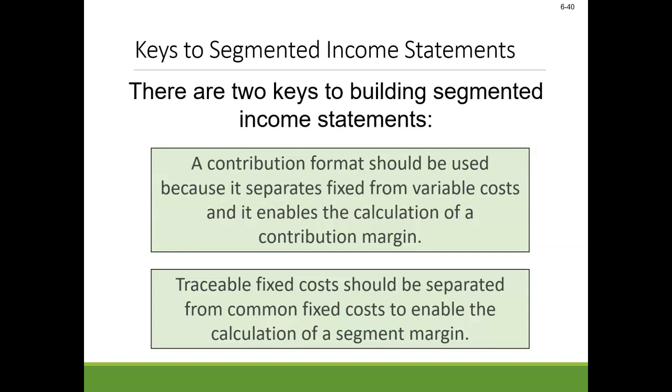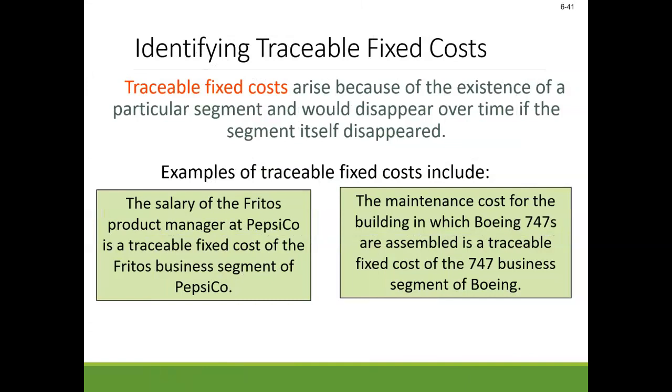Traceable fixed costs should be separated from common fixed costs to enable the calculation of that segment margin. And here, traceable fixed costs in this example can be the salary of the product manager, because that's going to be traceable to the Fritos division.